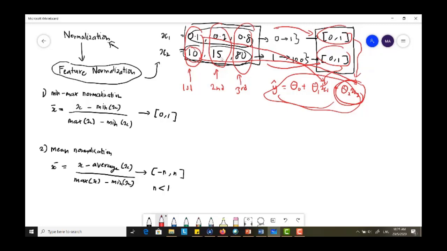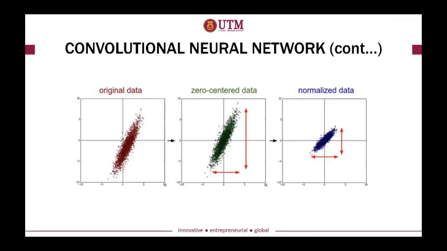That's why normalization is essential. Imagine this is your x1: the range is from the minimum value up until this point, a very narrow range, but this one represents your x2, a very wide range. So you have an imbalance there.